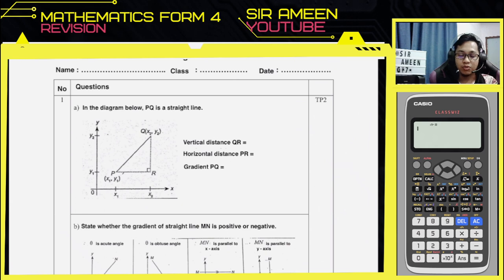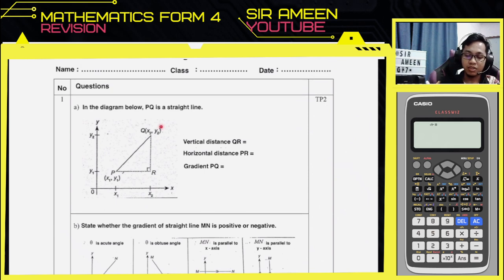So in this question, we just have to state the unknowns, since this gives us the unknown x1, y1, x2, y2. So we just need to state the terms.